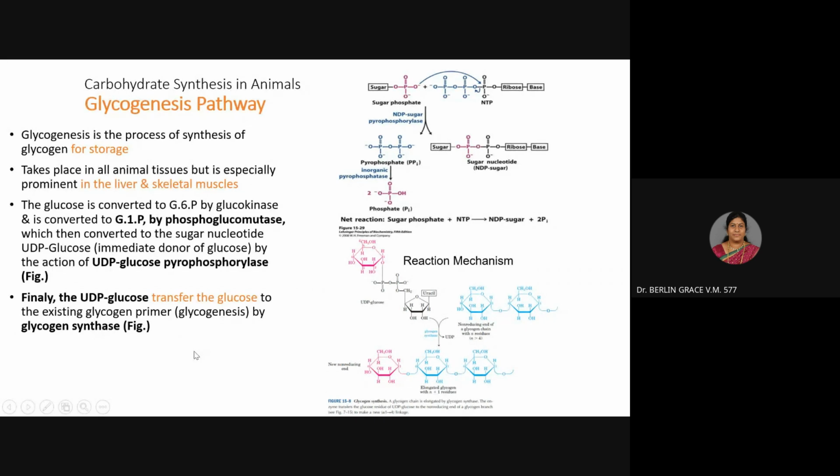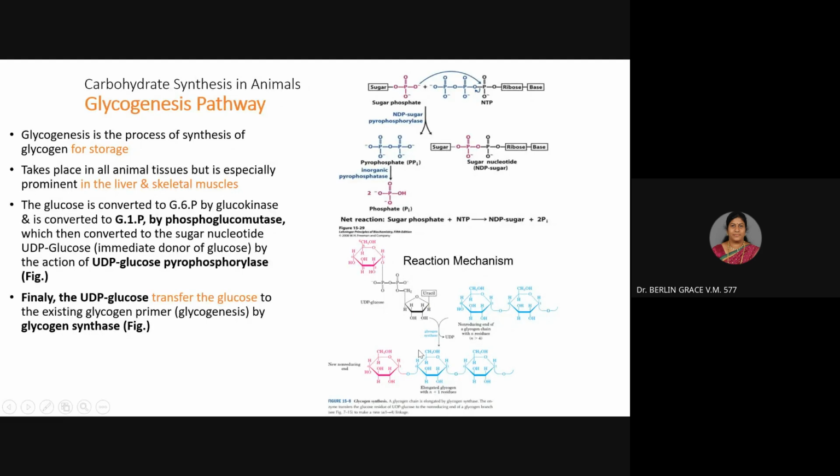Then finally, this UDP glucose transfers the glucose to the existing glycogen primer. We will be having the glycogen, stored glycogen already. Now the newly added glucose via the UDP glucose will lengthen the chain. It will increase the chain length, and wherever it is possible, it will form the branches.